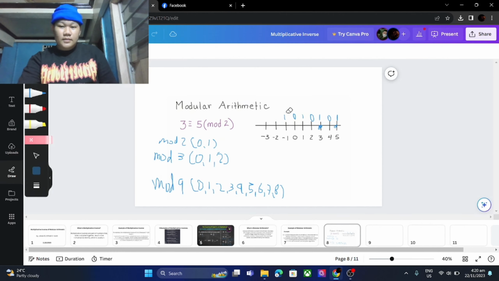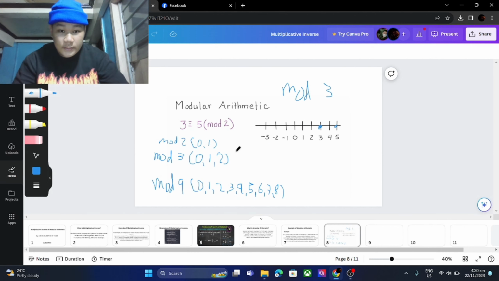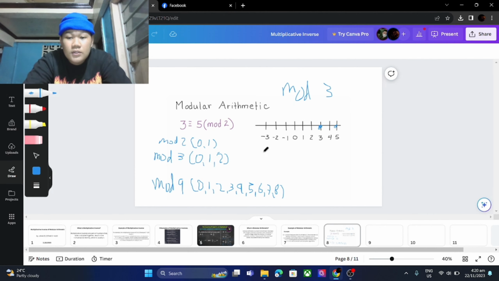Next na po na gamiton, ma'am, is ang mod 3. Mod 3 na po, ma'am, atong gamiton. So, ang value sa mod 3 is 0, 1, 2. So, magsugod siya po sa 0, 1, 2. So, di na siya mulapas sa 3, ma'am, kay 0, 1, 2 lang man ang iyang value.